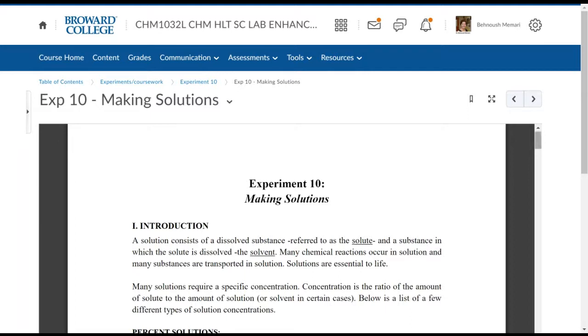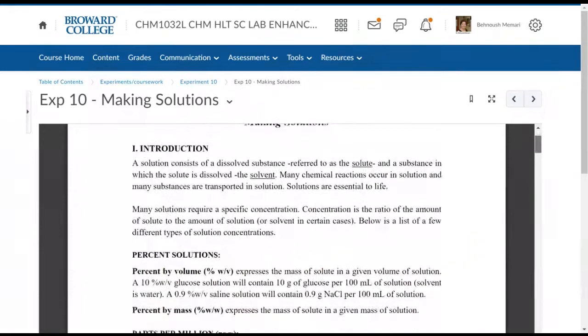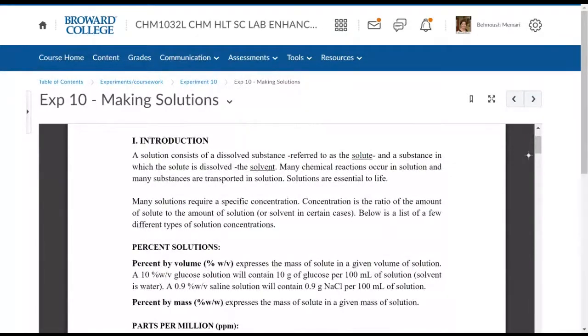When we talk about solutions, let's look at some of the definitions. One is the definition for concentration. We talked about saturated, unsaturated, and supersaturated last class.